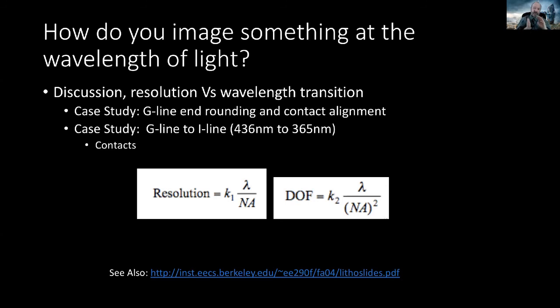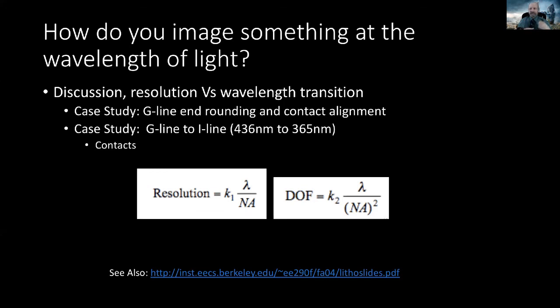So the competition between the companies that make these exposure tools that project these images, they're typically Canon, Nikon, ASML are the three big ones, right? Their lens designers are always trying to push the NA to be as big as possible. So when you increase the numerical aperture, you can make things smaller.